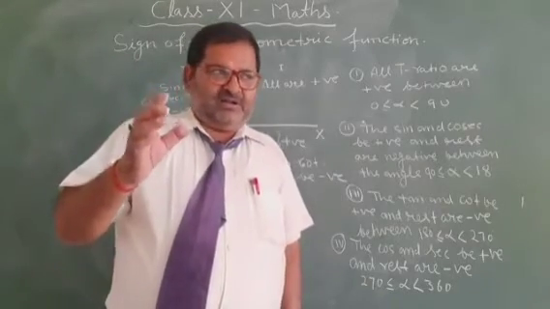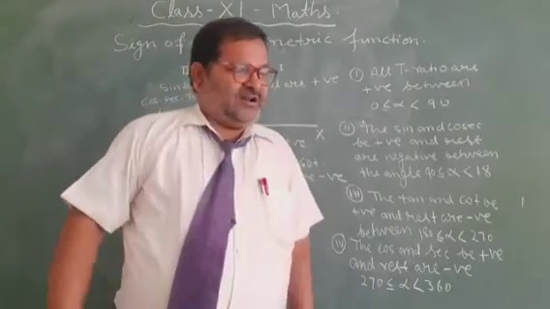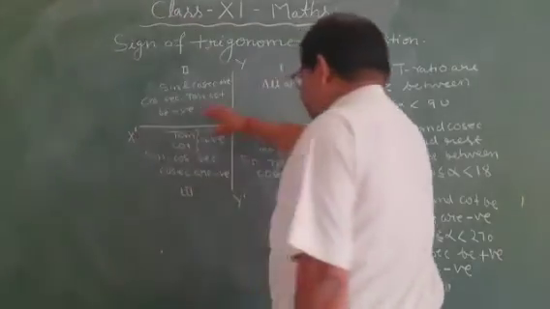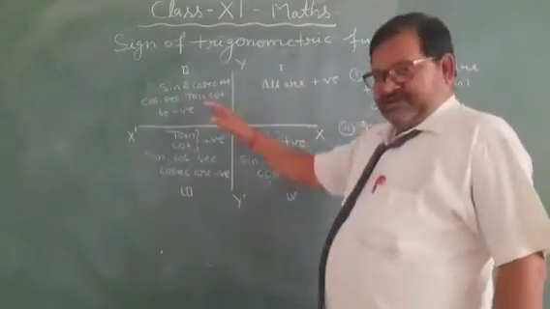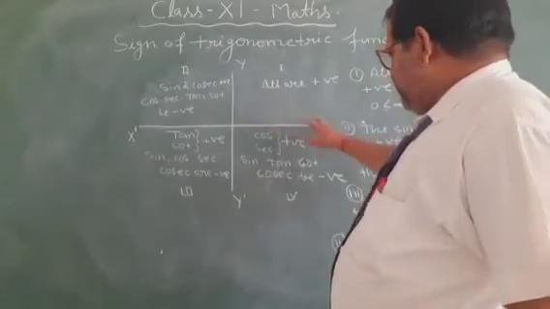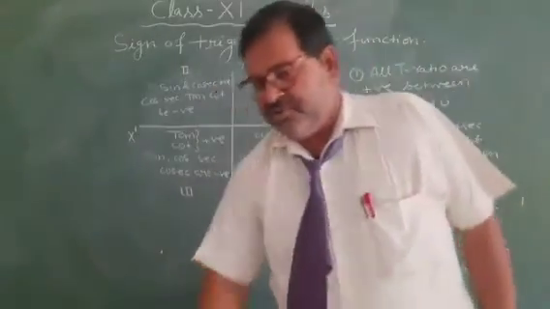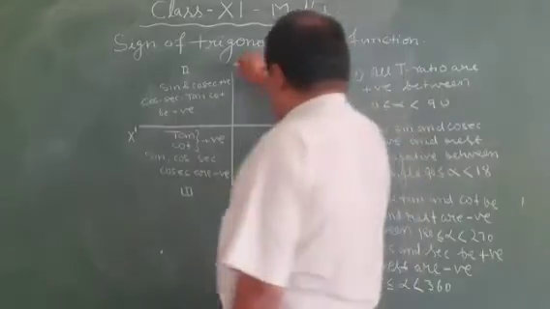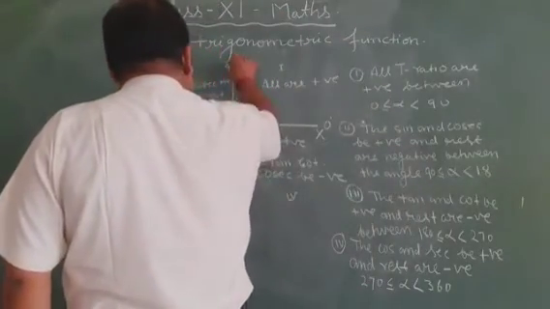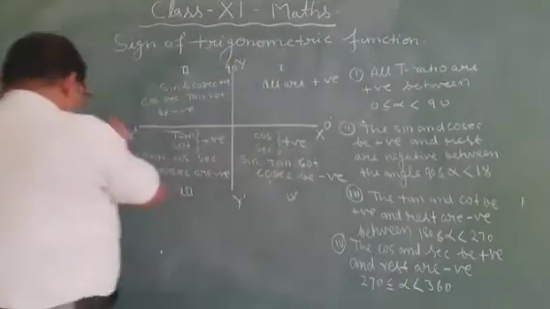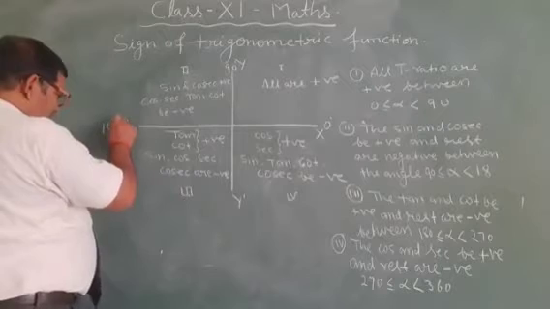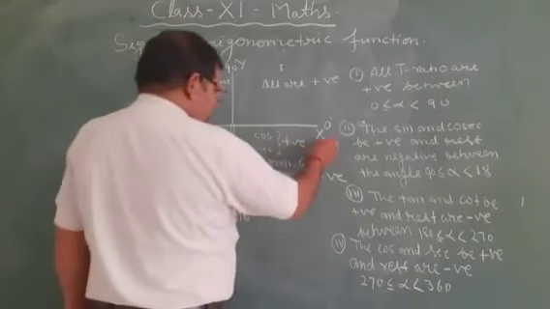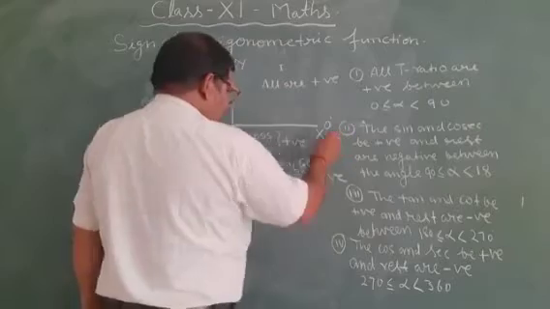This is the sign convention of all the trigonometric function in their coordinates. First coordinates, angle 0 to 90, angle 90 to 180, angle 180 to 270 and 360.